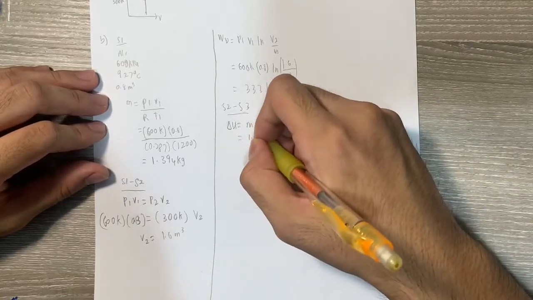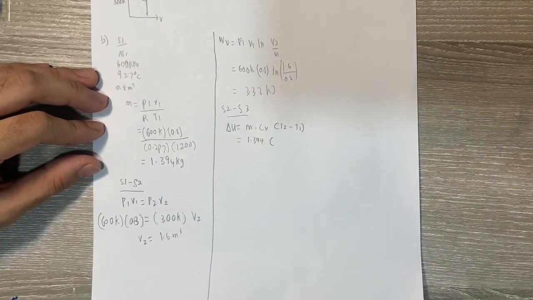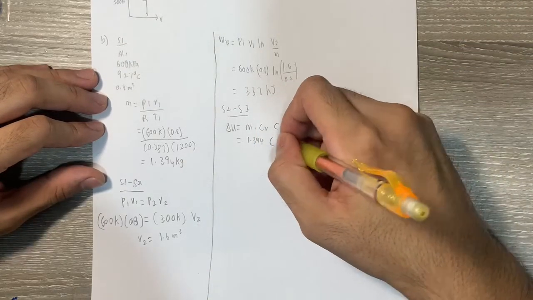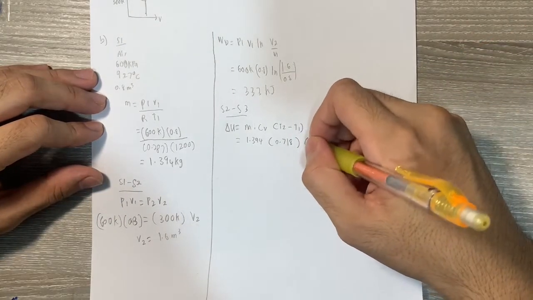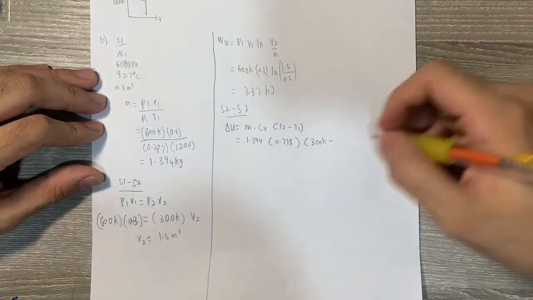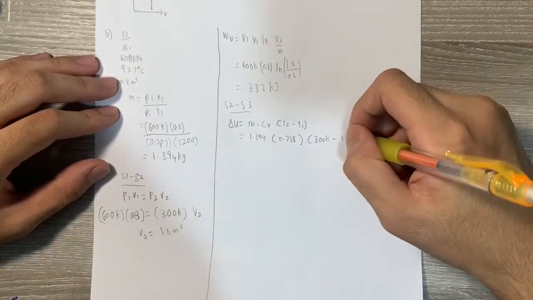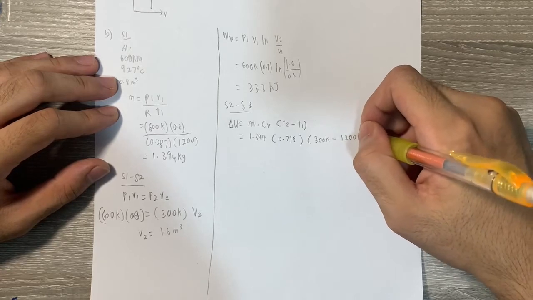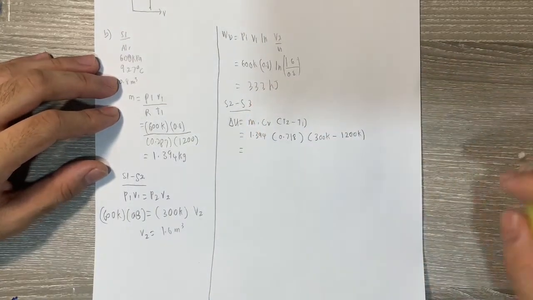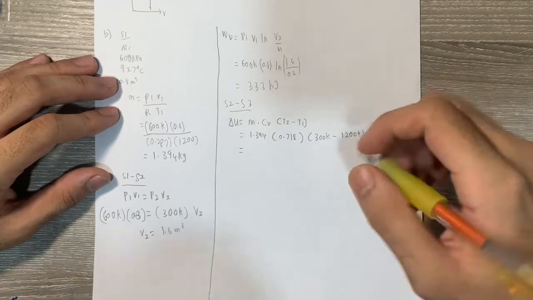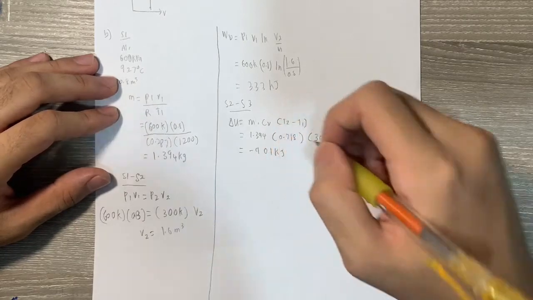For Cv of air, that is 0.718. Temperature is T3 minus T2. Then we calculate and we get negative 90.1 kilojoules.